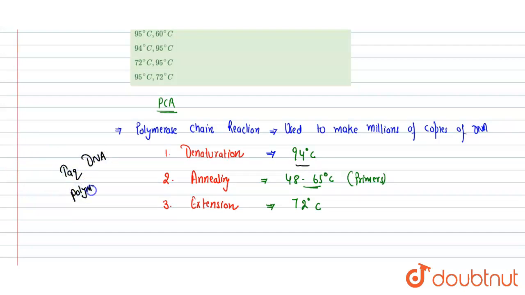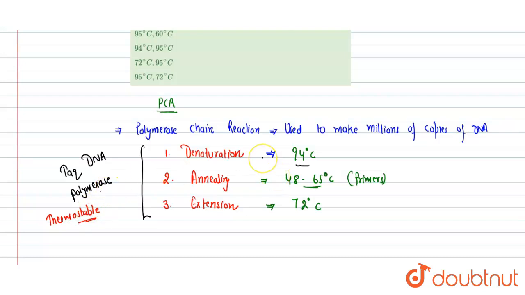It is not that after adding the enzyme, firstly the denaturation step will be done, then we add the enzyme; all the steps are followed in a single go. So that means the enzyme should be thermostable.